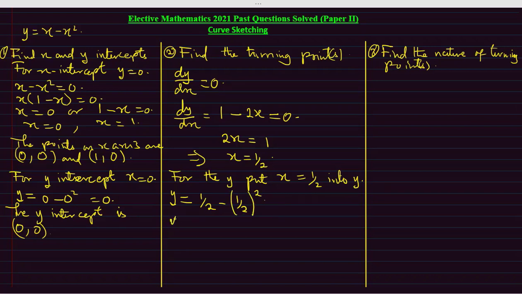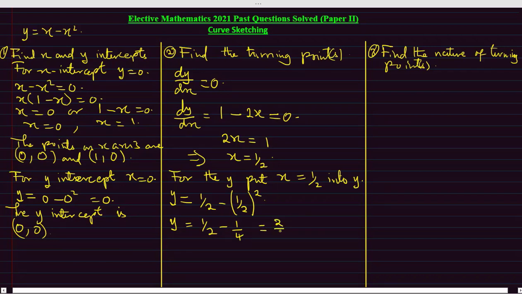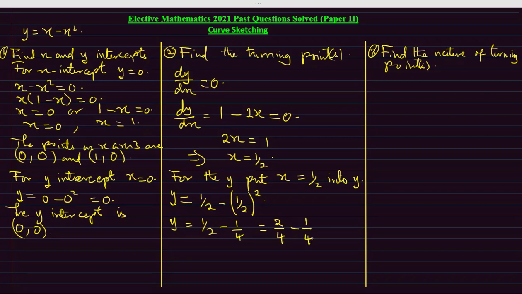This gives us y equals half minus 1 over 4, which gives us 2 over 4 minus 1 over 4, which is equal to 1 over 4.